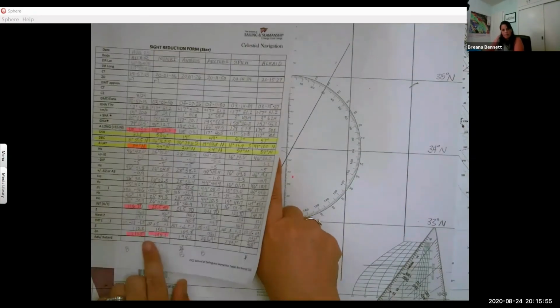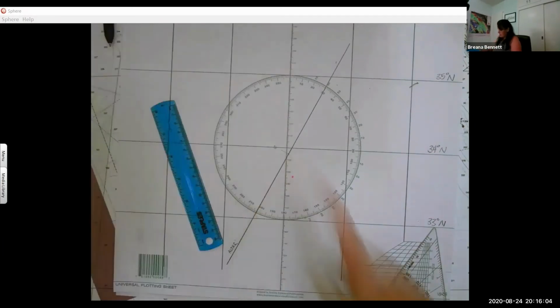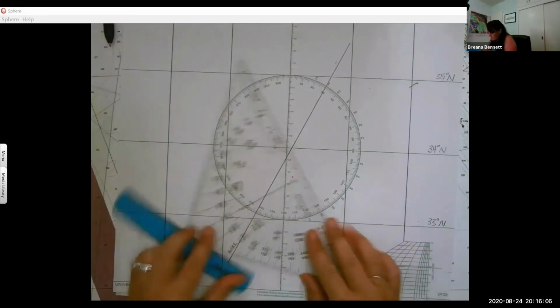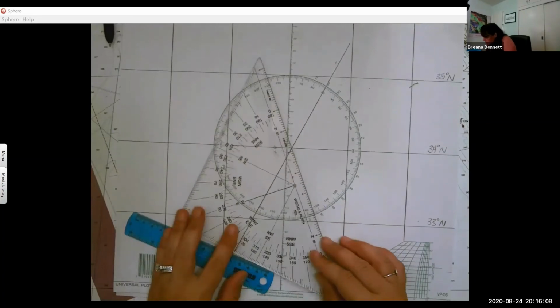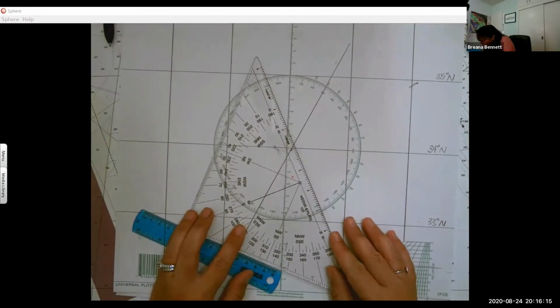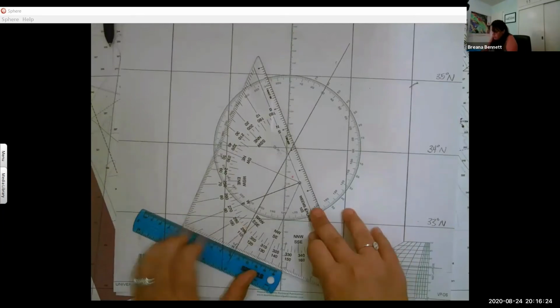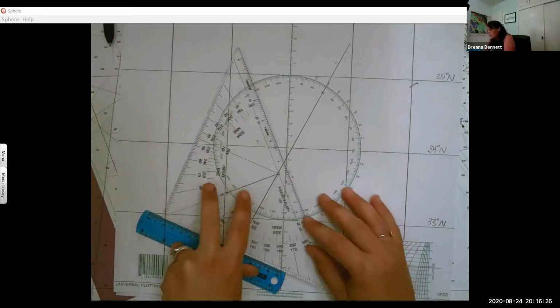This time my azimuth is 156 and I'm 28.5 towards. So I'm looking for 156. Go 156. Same spot.